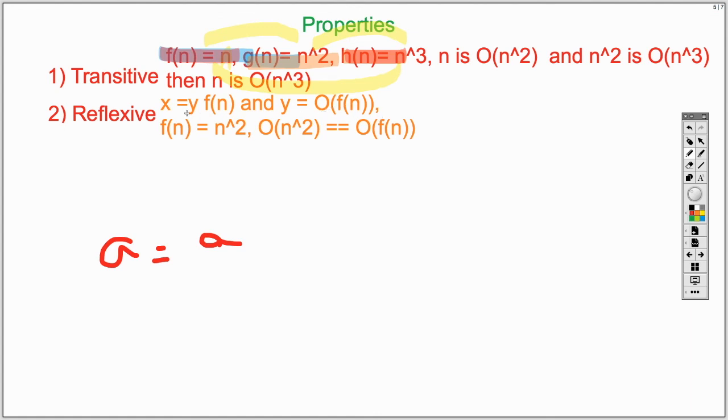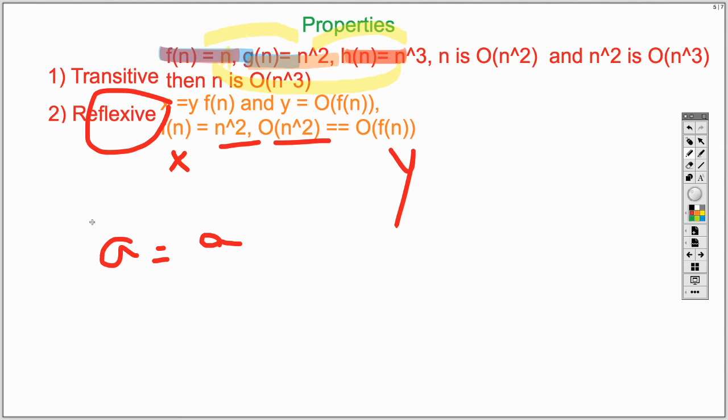They're the same thing. Then f(n) equals n to the power of 2. So this is basically our X, and O of n to the power 2 equals Y. These are the same, and they just equal that. So this would be a case of reflexive.